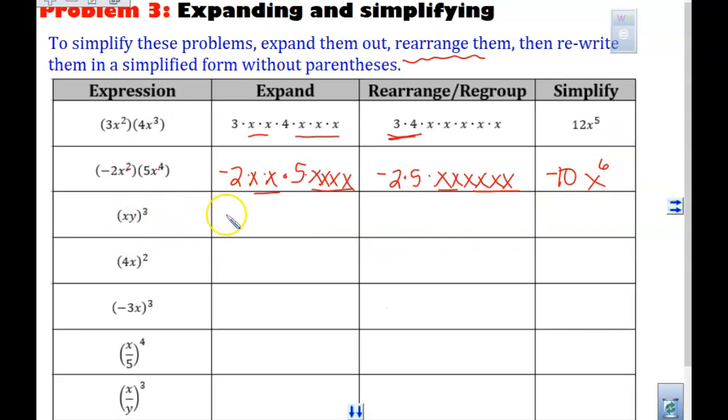Max, now how many xy's do I want? 3 of them. I'm going to put xy times xy times xy. Or do you have something to write with? Yeah. Okay.